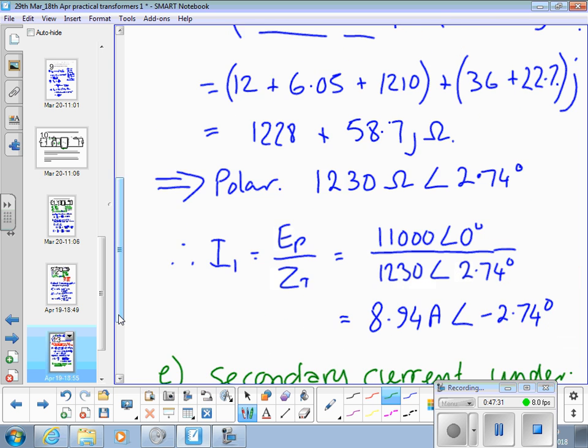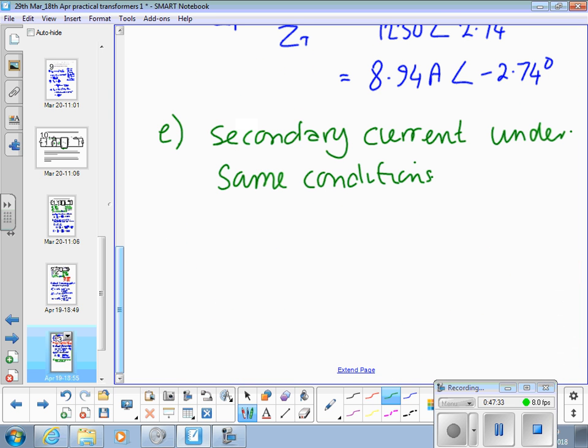So the way into this is that I2 is equal to, hang on, no, I'm going to write it like this, is equal to A times I2 dash. I2 dash is I2 transferred to the primary, and that is equal to the primary current we just calculated.